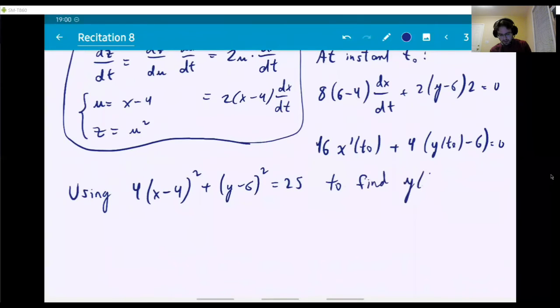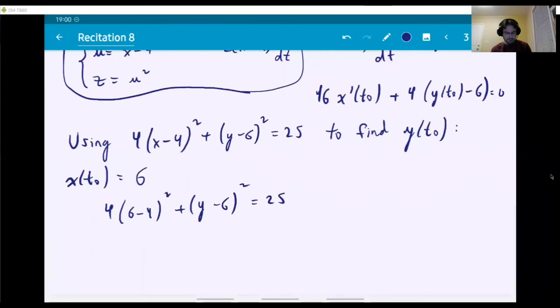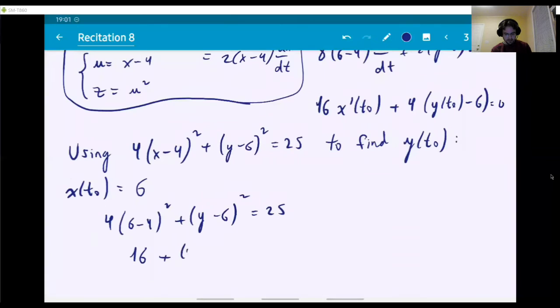y of that instant. So x of that instant is 6. They gave us a 6. So let's do this. I plugged in 6 for x. Well, 6 minus 4 is 2, squared is 4, plus (y - 6)² is equal to 25.